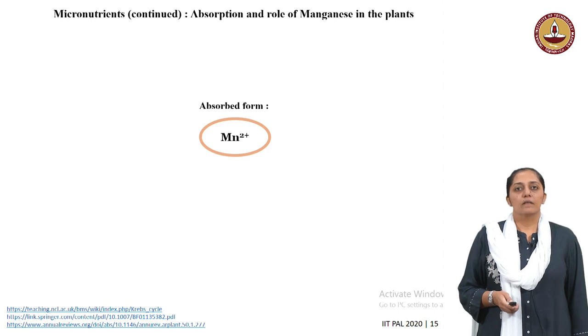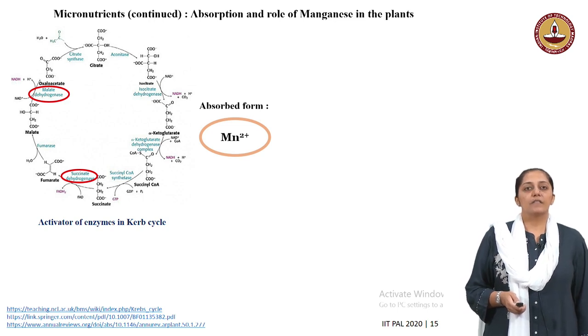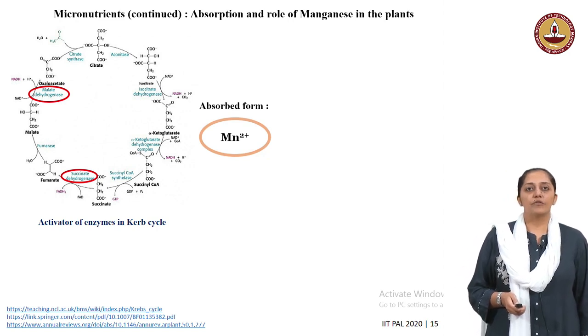Manganese again, it is absorbed in its ionic form. It is used as an activator for certain enzymes in the Krebs cycle like succinate dehydrogenase, malate dehydrogenase.